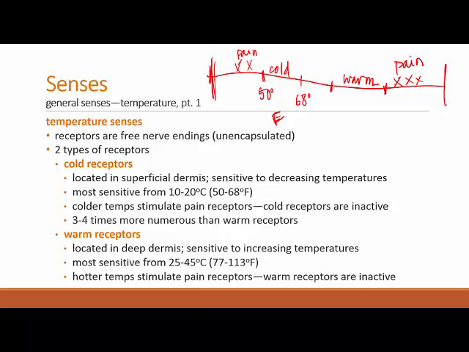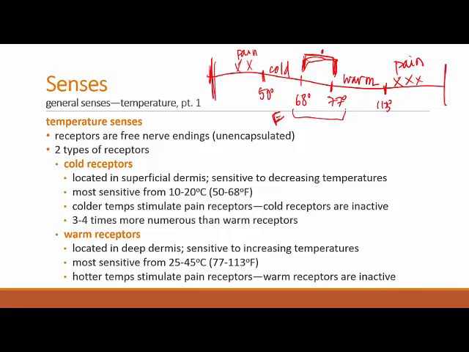But notice, interestingly, that there is this zone where no receptors are getting excited. Here between 68, I forgot to write this in, 77 degrees, and here's 113. So we have this zone between 68 and 77 where there is not a whole lot of stimulation coming from either the warm or the cold receptors.